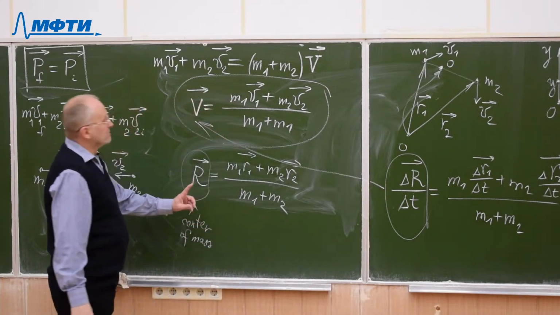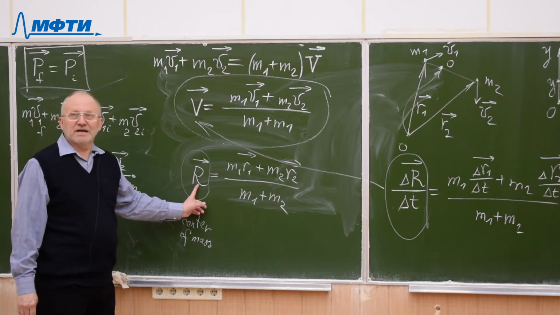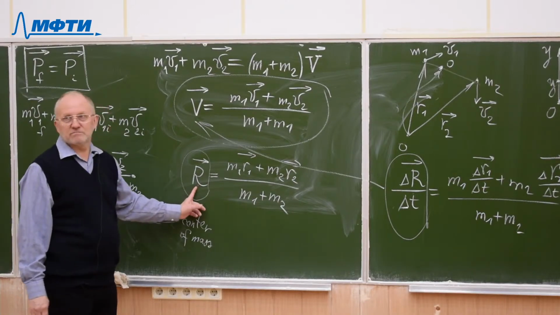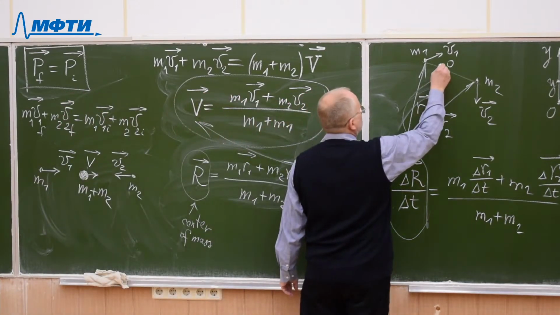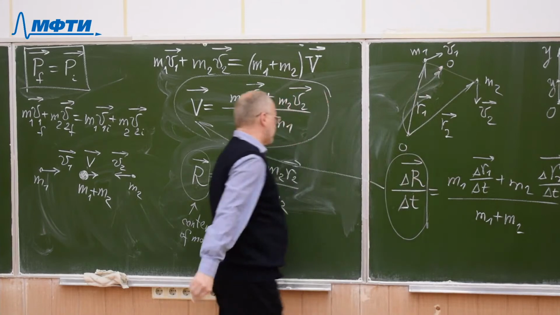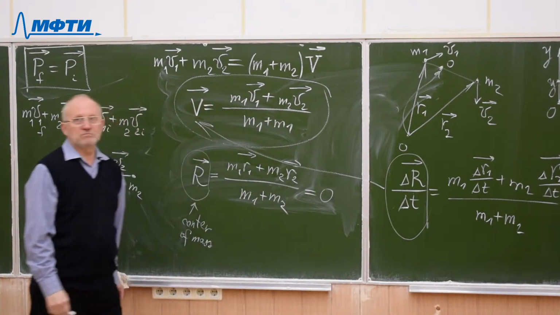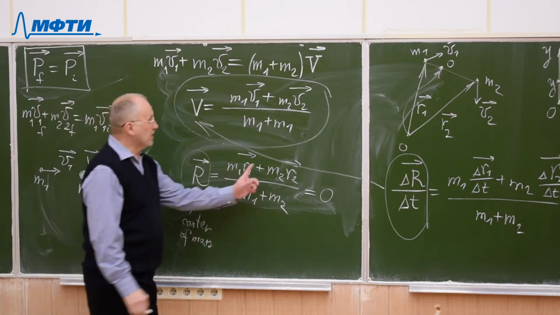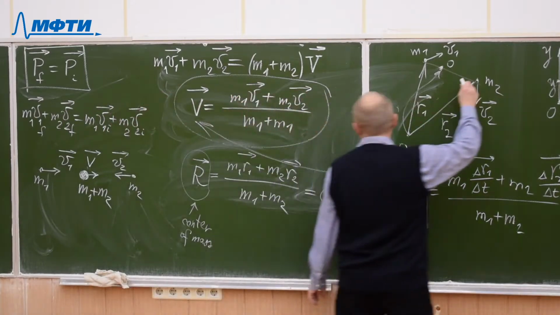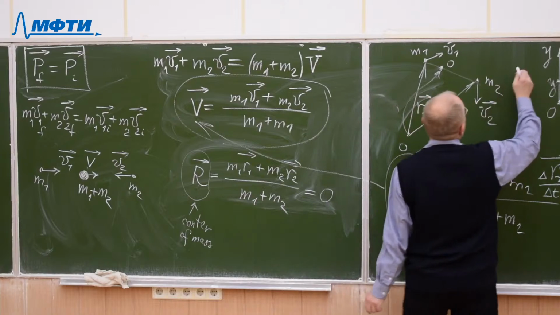Then, in this particular frame of reference, vector r has 0 length, because we measure the vector r from the point where it ends. So in this frame of reference, this will be 0, and therefore the numerator of this formula is 0.